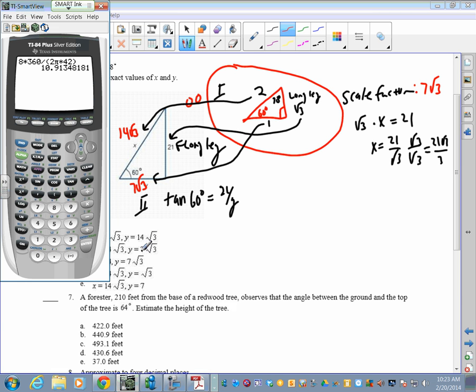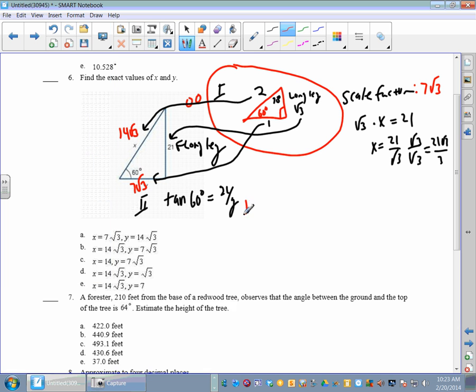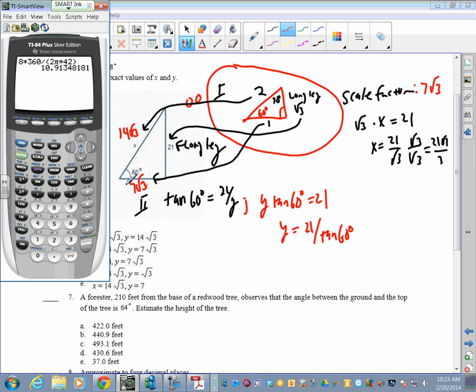If you did the tangent way, you'd solve y tangent of 60 equals 21. So y equals 21 over tangent of 60. You have to be in degree mode, of course. Still am. 12.124.